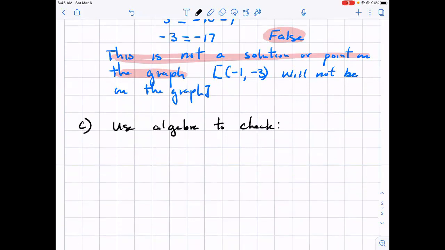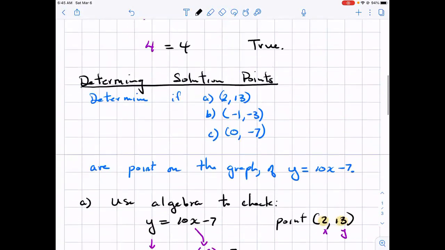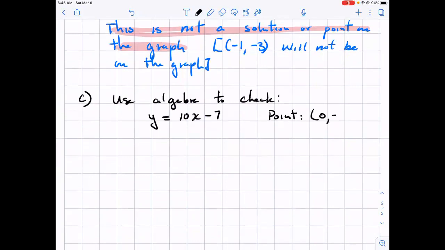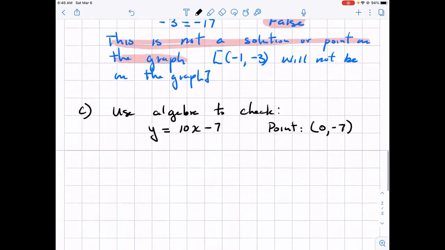Okay. We have y is equal to 10x minus 7. The point now for part C is (0, -7). So we're doing the same procedure as we did here.